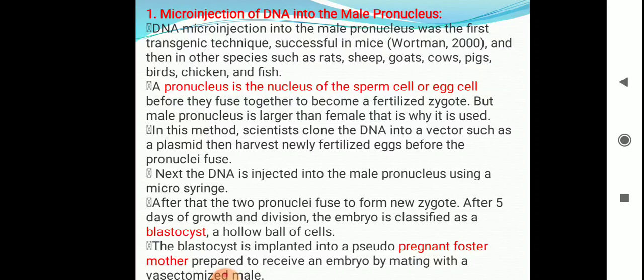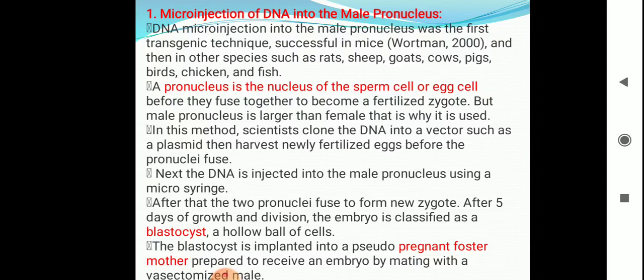Of the two, the male pronucleus is larger. Most transgenic techniques are applied to the male pronucleus, popularly known as microinjection of DNA into the male pronucleus. It was first applied in mice by Watson in 2000s, and then in other species such as rat, sheep, goat, cow, pig, bird, chicken, and fish.